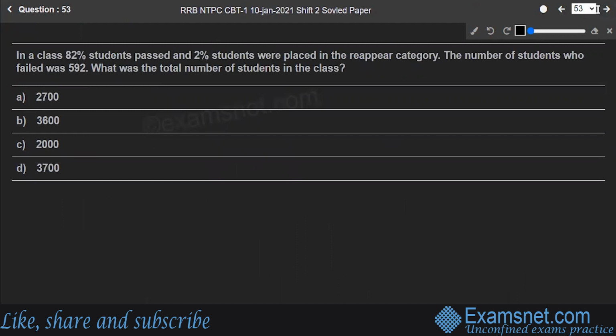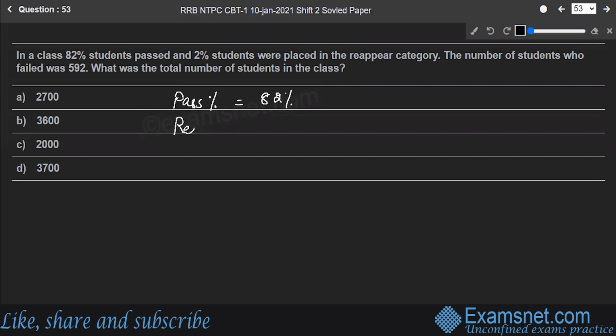Hope you understood this. Next is question number 53. In a class, 82% students passed, 2% students were placed in a reappear category. The number of students who failed was 592. What was the total number of students in the class? So pass percentage is 82.